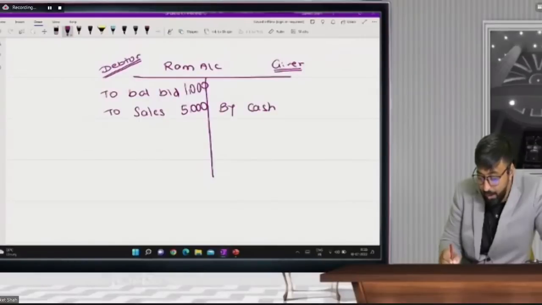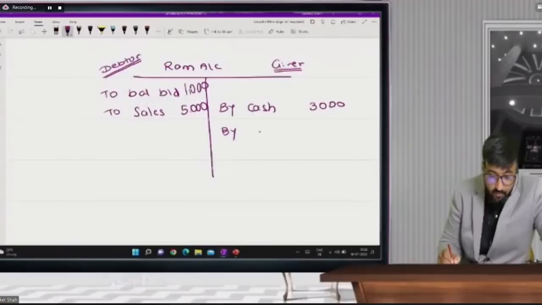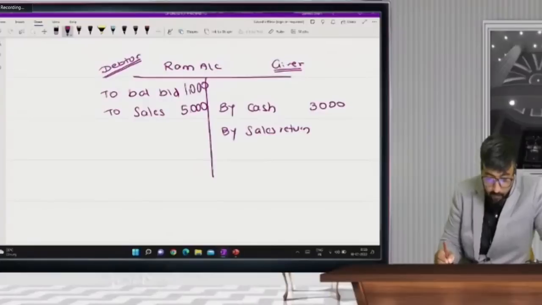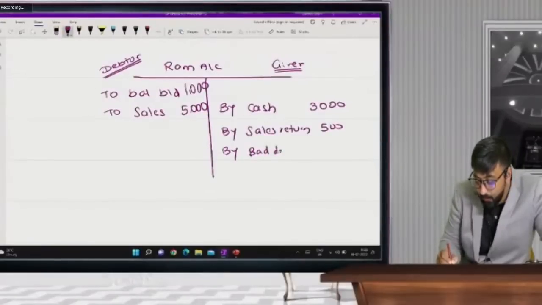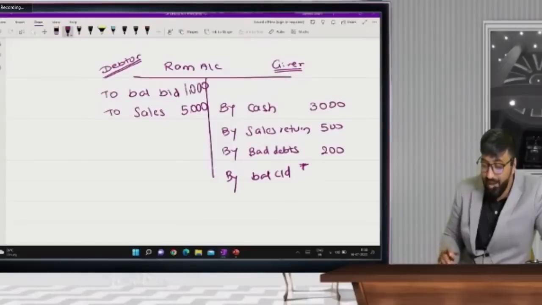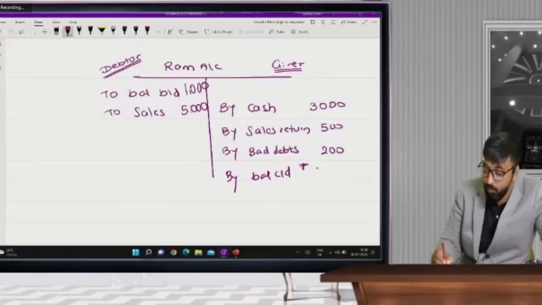Sir, by cash 3000, by sales return 500, by bad debt, sir, 200. And by balance carried down, balancing figure. So 6,000 minus 3,000 is 3, minus 500, 500, and this is 2,300.